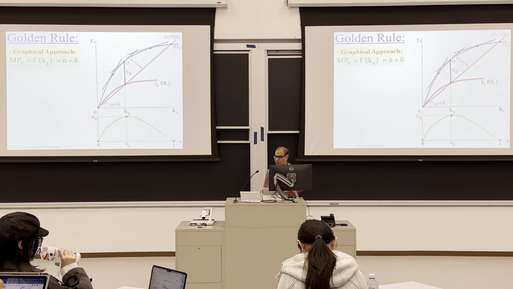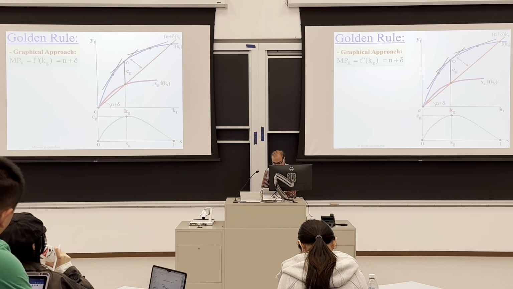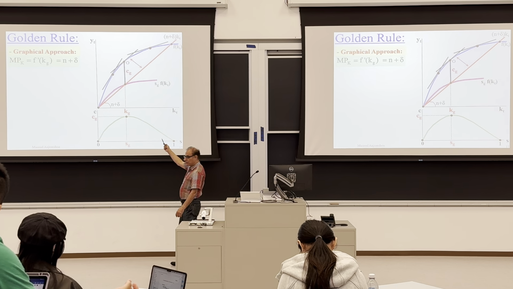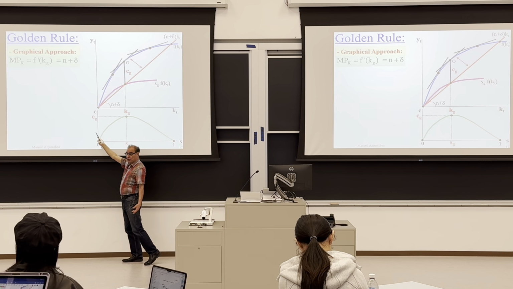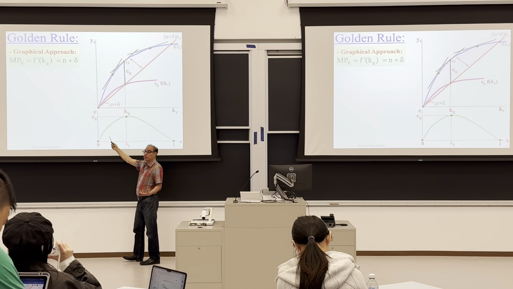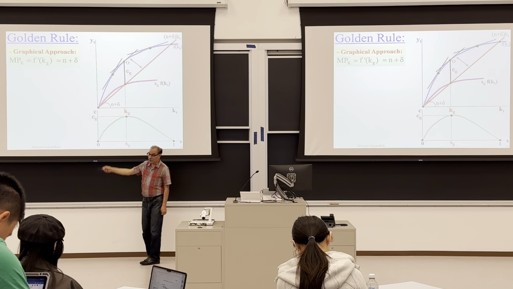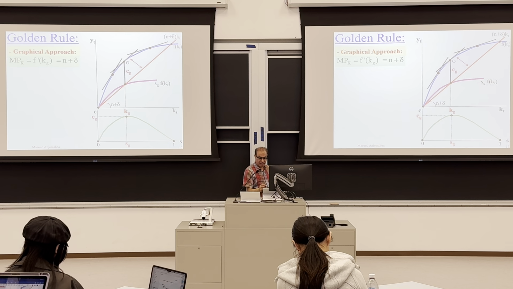By the way, did you notice something? I quietly added one more thing. At that point O, which is maximizing consumption, how much is capital? kg. Steady state equilibrium is kg, and output is yg.